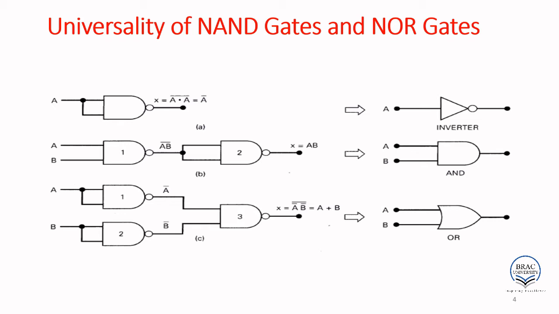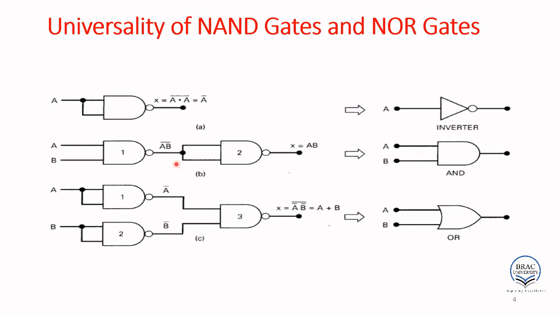This is basically an inverter. So from a NAND gate we are getting an inverter. Again, A and B. This is our NAND gate, so A dot B prime, this is our output. After this NAND gate, it becomes (A dot B) prime, and then the next one gives A B.